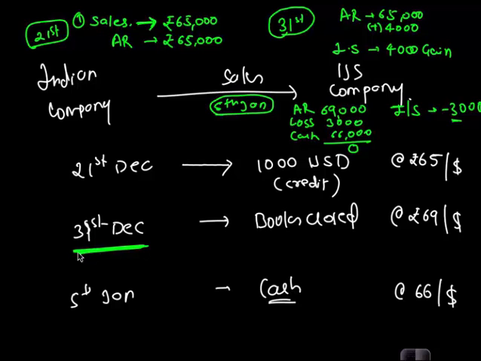So when you closed your books on 31st of December, exchange rate had moved, and therefore there was an unrealized gain of 4,000 which was to be booked. Right? But then on 5th of January, they moved.